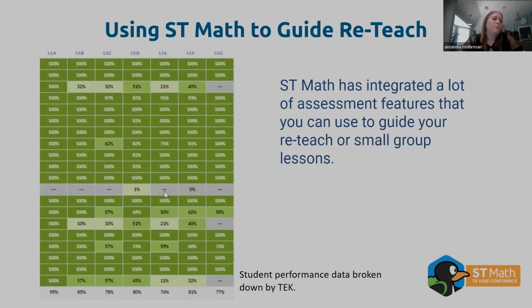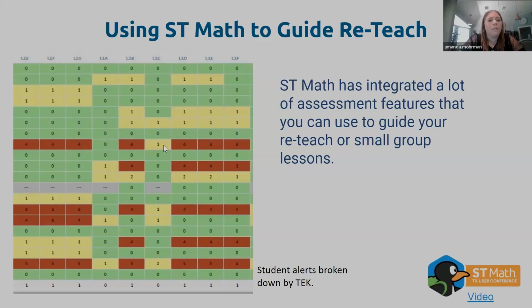So you're like, oh, they mastered it, right? They did good. But this is how many times they got stuck on that level. That means they lost too many GGs and had to restart. And that would help show you a little bit better which ones you need to pull to work on that specific skill at your small group table.